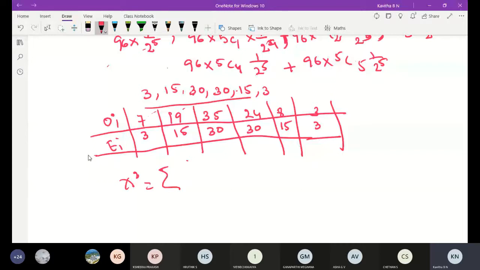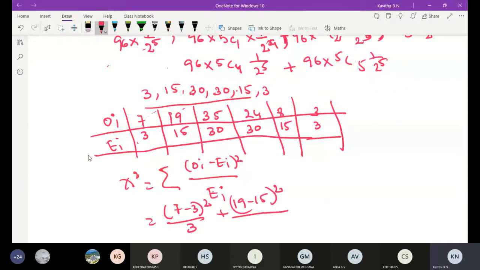That means (7 minus 3) whole square by 3, where EI is 3 here. Then (19 minus 15) whole square by 15. Next is 35 minus 30.